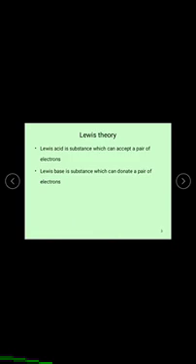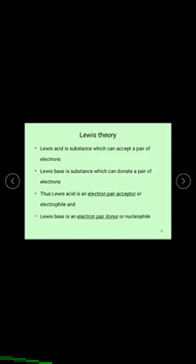It is called a Lewis base. Simply, we can say a Lewis acid is an electron pair acceptor or electrophile, and a Lewis base is an electron pair donor or nucleophile.